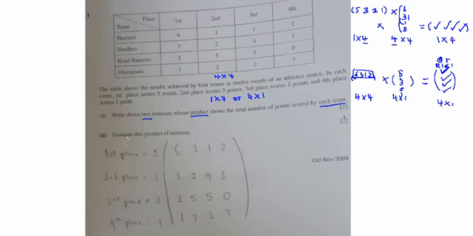Now, evaluate this product of matrices. So it is basically asking you to multiply and get the value here. The first part of the question is to show this and this only. Okay? Then after that, part 2 will be to obtain the resultant matrix. Okay? So that's it.